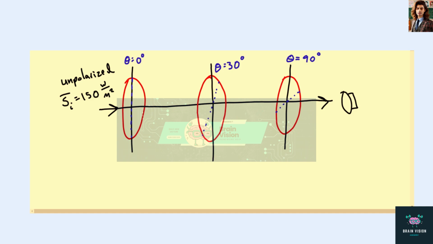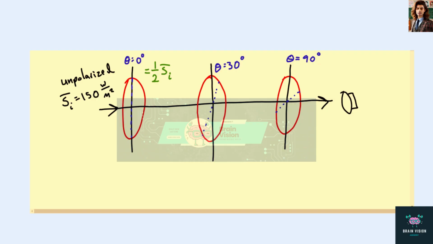After it travels through the first polarizer, we know that unpolarized light going through any polarizer, regardless of that angle theta, is always going to be equal to 1/2 of that initial intensity, just because for unpolarized light, it's spread out in all directions.